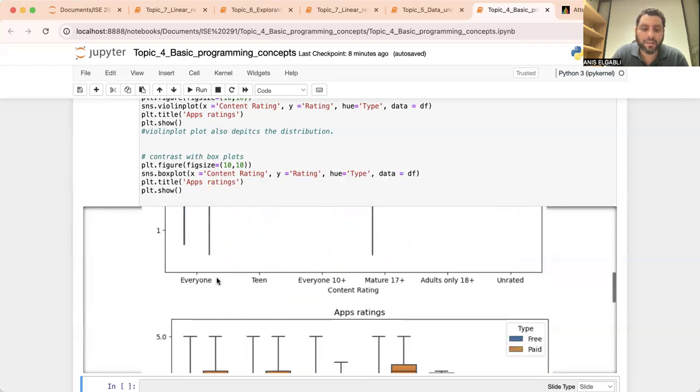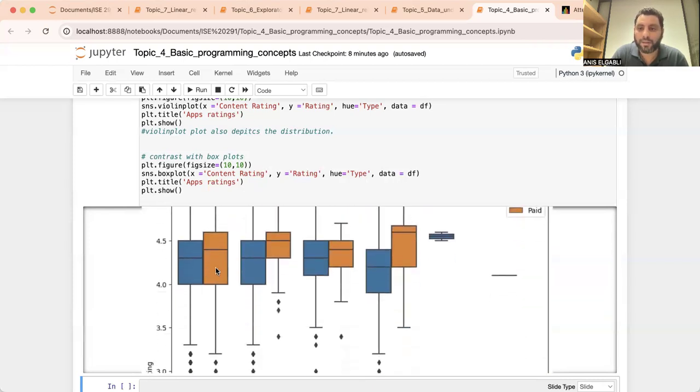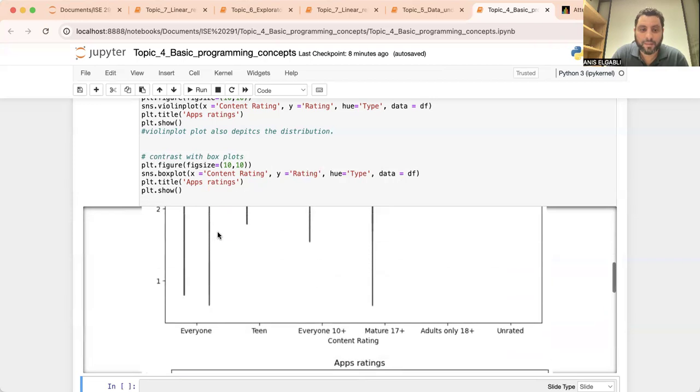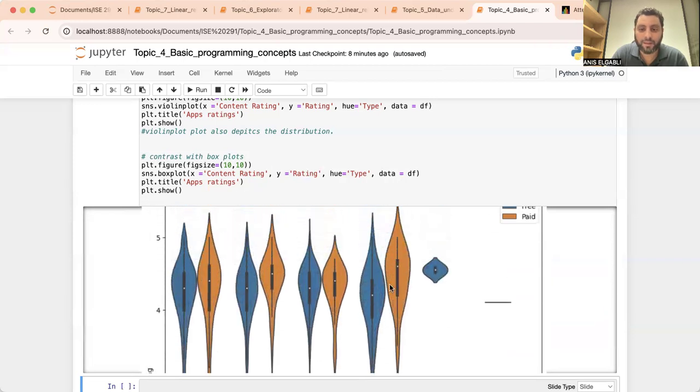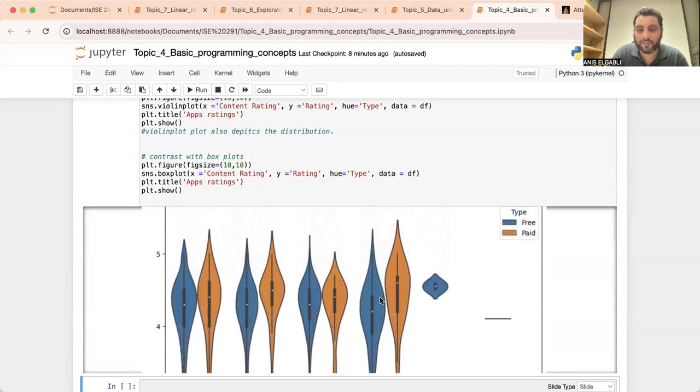In the box plot, the width has nothing to do with how many samples are at that level. The width is constant at every level. But here the width is actually telling you where most of the samples are. At this level there is a higher number of samples, and as we go upper or lower, the number of samples is decreasing.